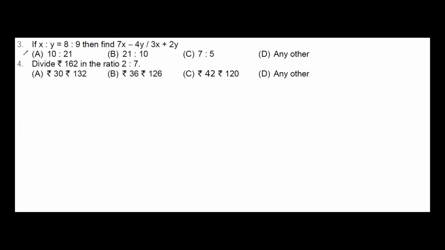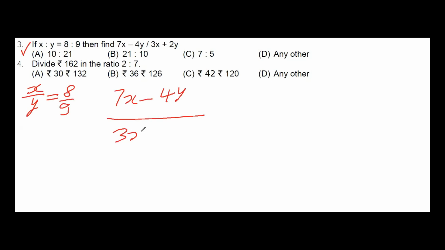Fine. So now in question number 3, it says that x is to y is equal to 8 is to 9. So I can write x by y is equal to 8 by 9. Then it says you need to find 7x minus 4y divided by 3x plus 2y. But I have x by y.